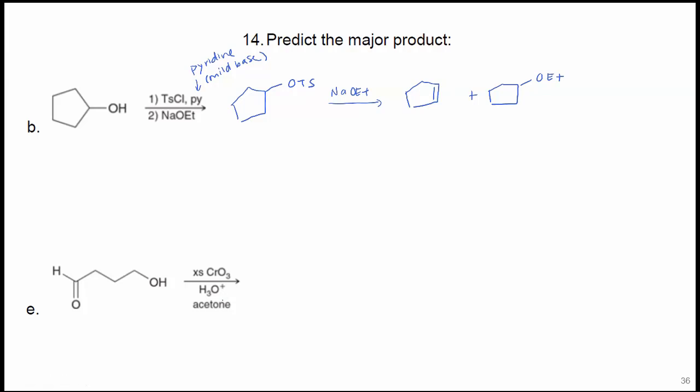All right, what happens with excess chromic acid? This is the equivalent of Na2Cr2O7. So what product are we going to get here?